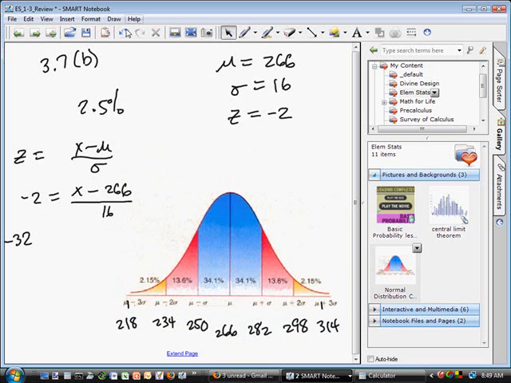Okay, so we multiply both sides by 16, and we get this. Now we add 266 to both sides. Okay, and now we know the point that 2.5% is at.